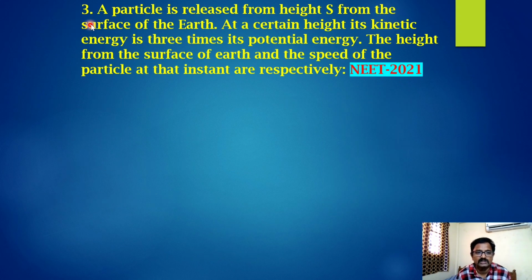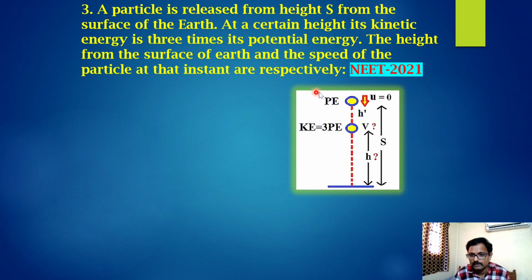Here is the third question. A particle is released from height S from the surface of the earth. Look at the figure. Here one particle is released from the height S. It is a freely falling body, initial velocity 0. At a certain height its kinetic energy is 3 times its potential energy.